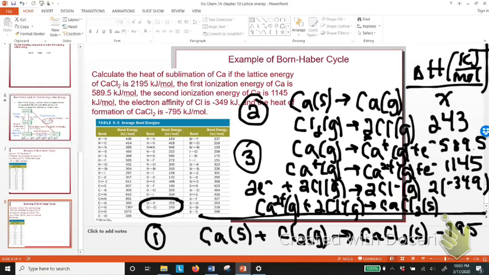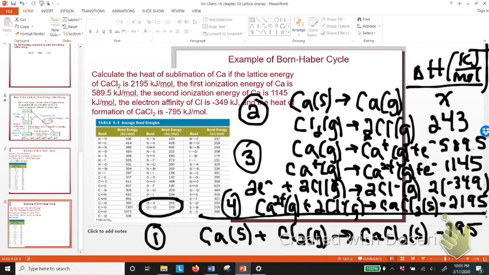So this is the inverse of lattice energy. So the lattice energy that you're given in the problem is 2,195. We need to do the negative of that because the reverse of that equation represents the lattice energy. All right, so that's all of our equations.